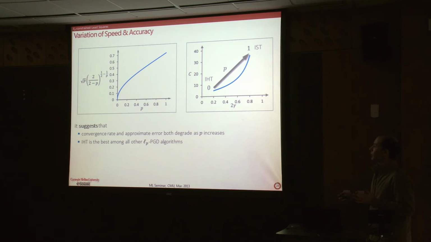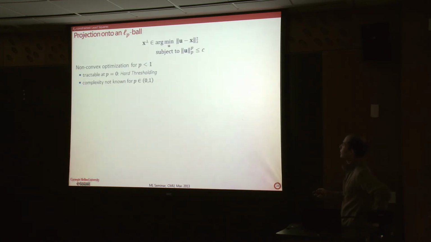So in other words, IHT, the iterative half thresholding, is the best among the algorithms of this type of LP-PGD algorithms.